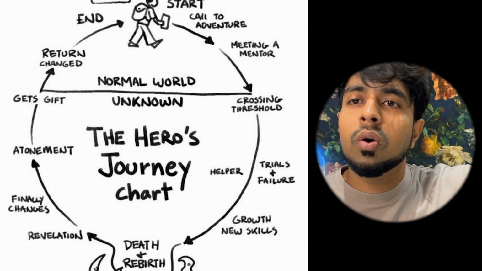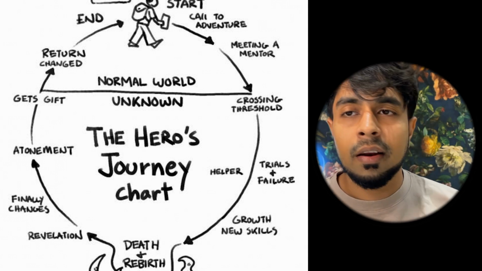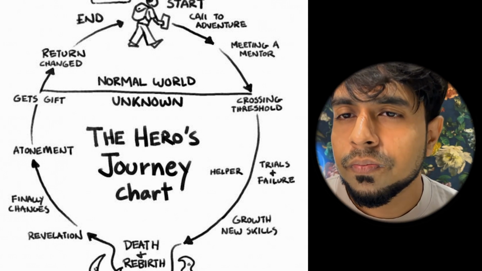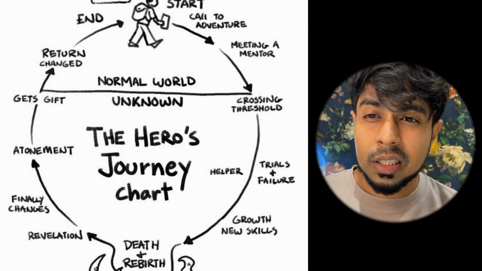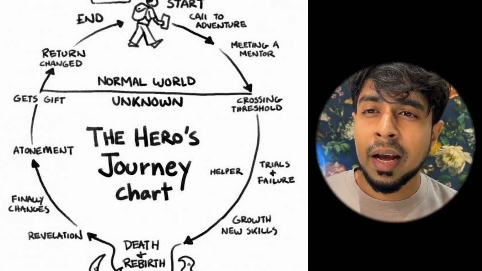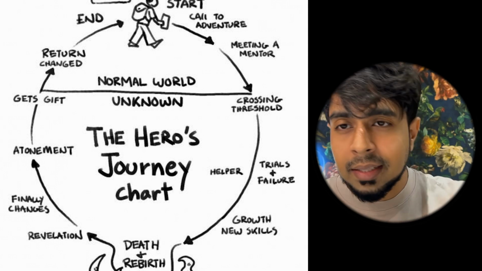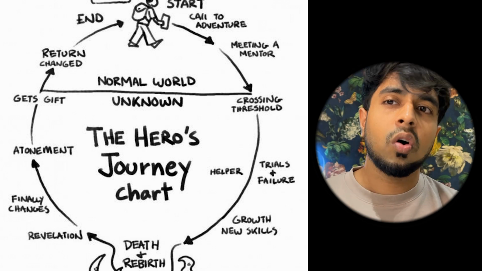So the guy decides, okay, I will do it. Then the extraordinary world, and then all the trials, tribulations, all of that begins. Then it reaches the lowest point where the biggest sacrifice or something happens, and then from that the hero usually wins. He gets the reward and he returns back to the ordinary world.